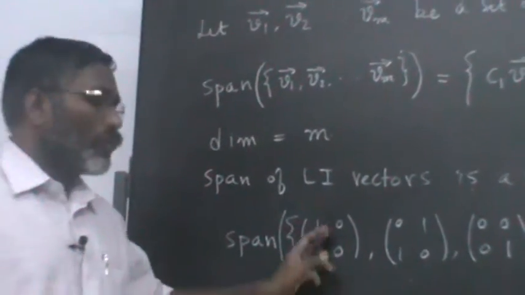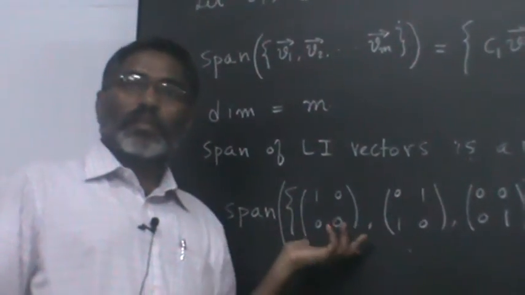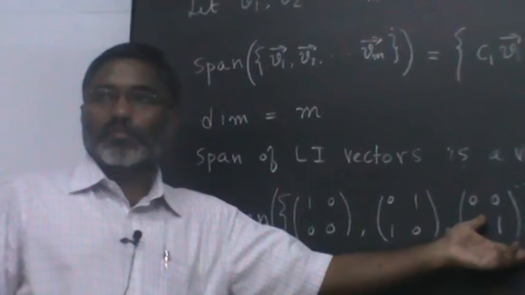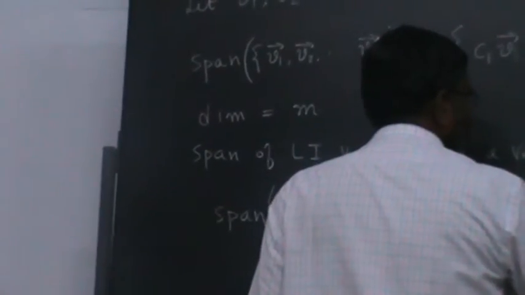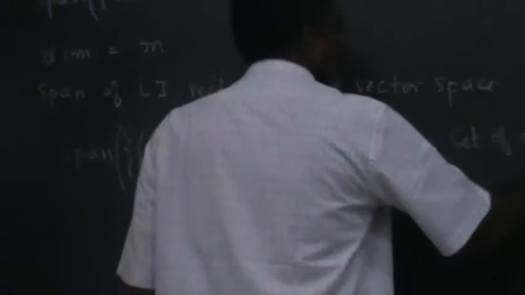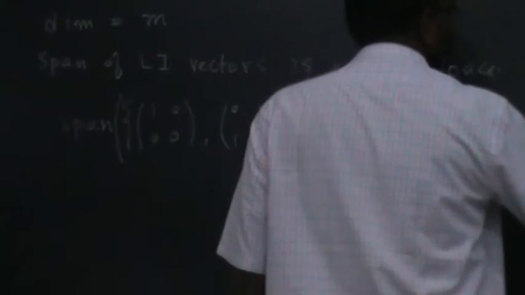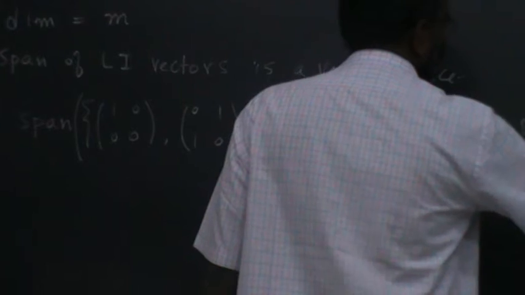I get a three-dimensional vector space, but what are those vectors? Each vector is a symmetric two-by-two matrix. This is the set of all symmetric two-by-two matrices.